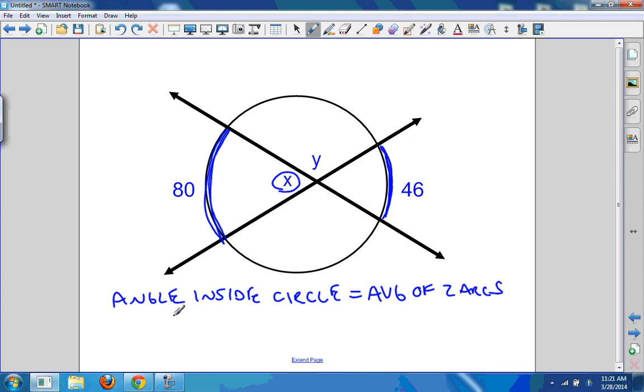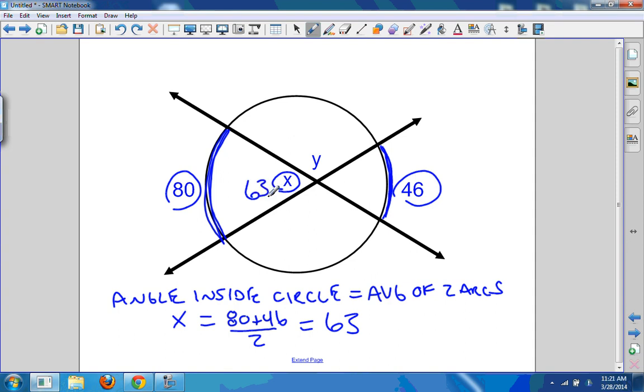So x will equal, I'm going to find the average of 80 and 46. So that would be 80 plus 46 divided by 2. 80 plus 46 is 126. 126 divided by 2 would be 63. So this angle would equal 63.